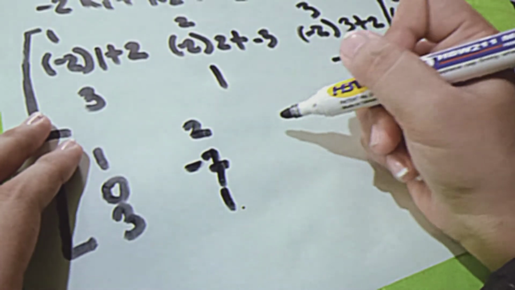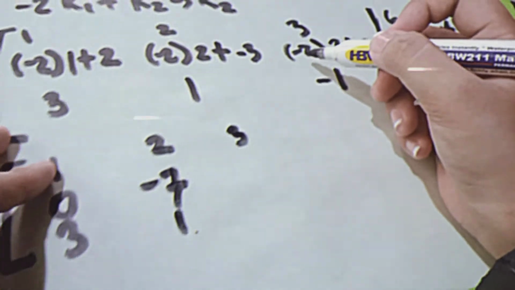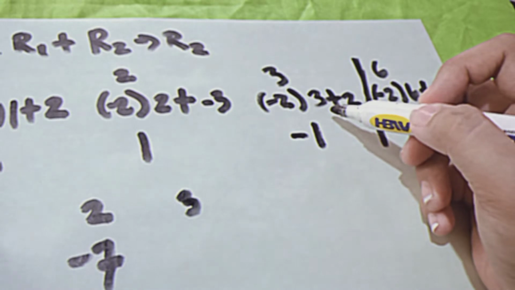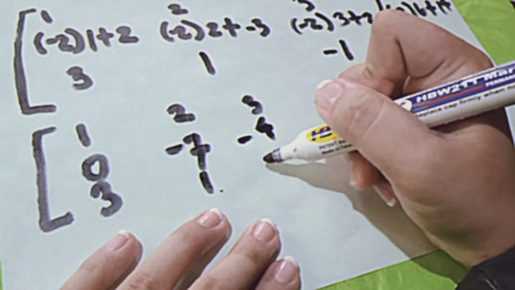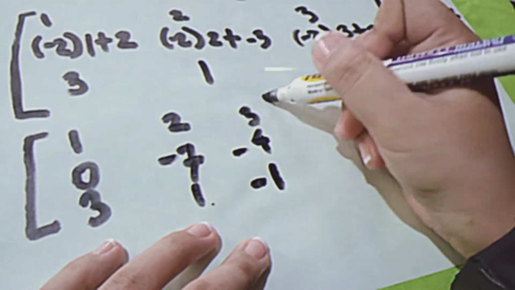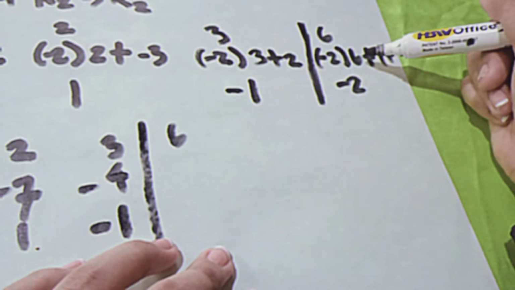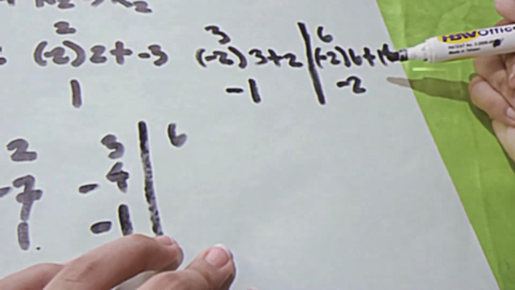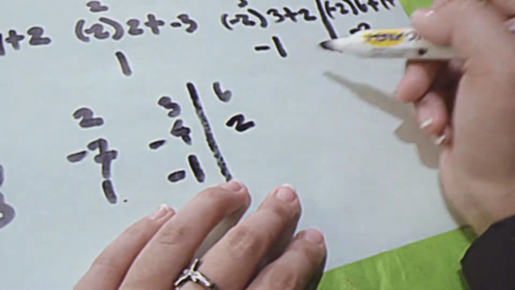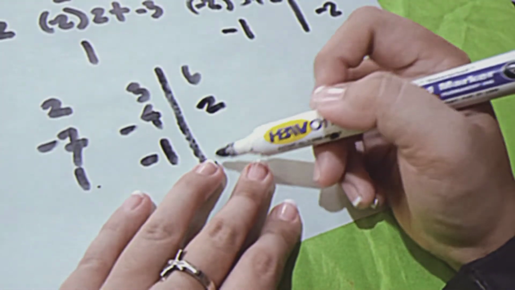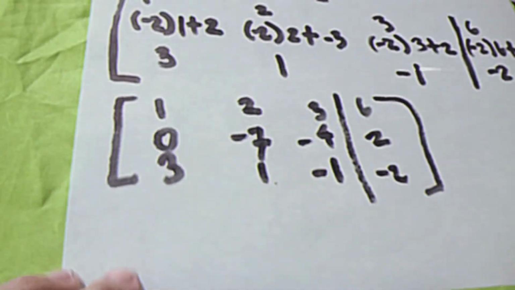Copy that. Then 3. Negative 2 times 3 plus 2 is equal to negative 4. Then 1, 6, negative 2 times 6 plus 14 is 2. Then we copy this negative 2 here.